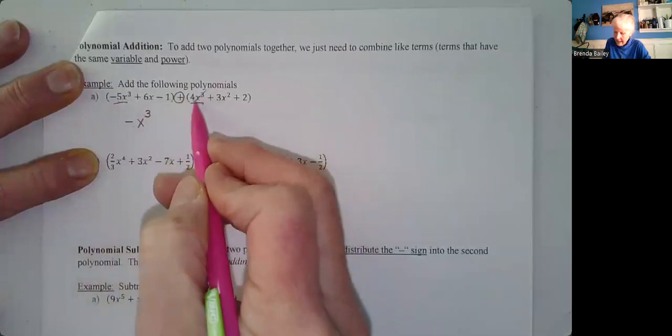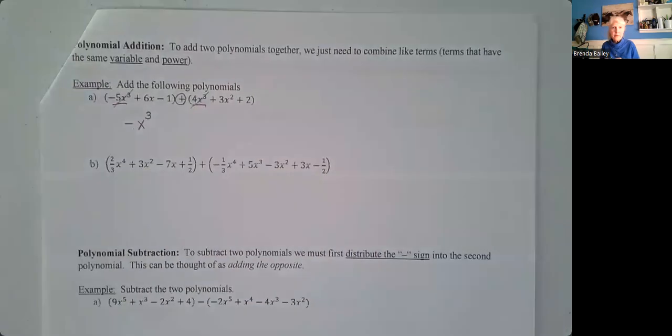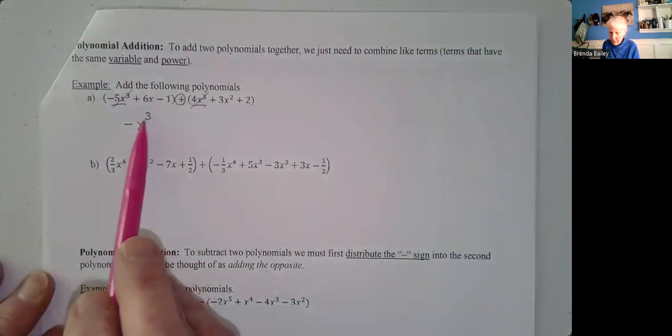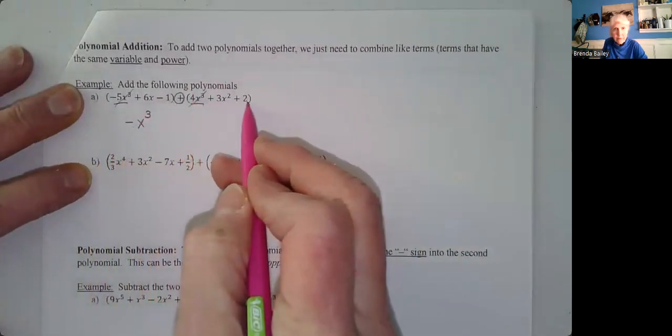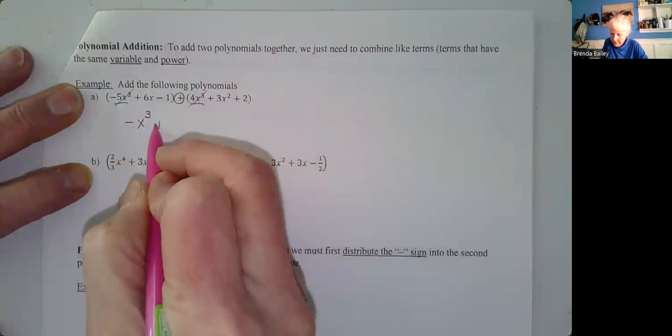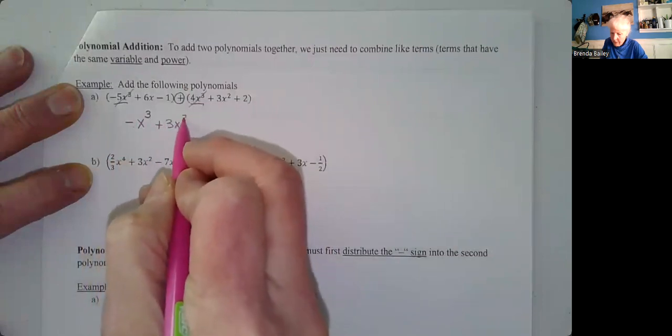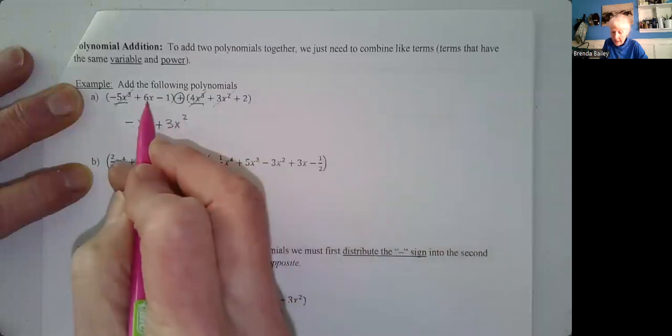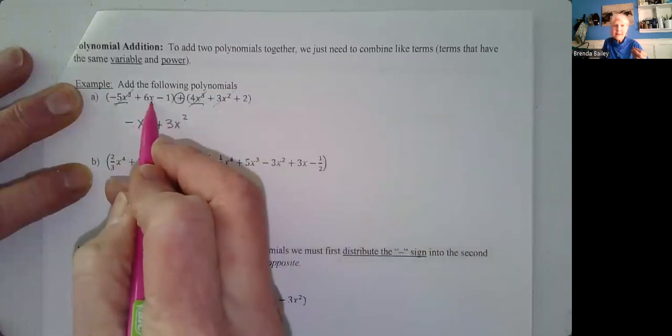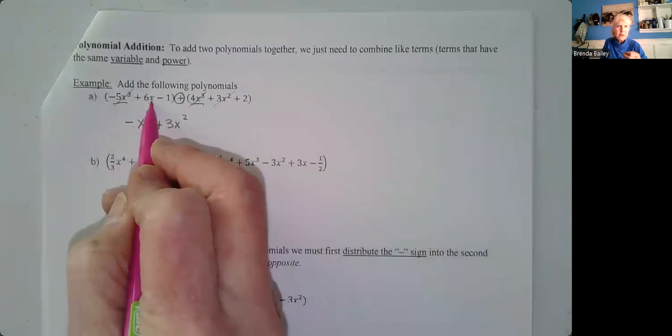That takes care of my x cubes, and sometimes it's nice to cross them off so that you know they've been used. Our next one is x squared. After the x cubed, our leading term, we go to x squared. There are no other x squareds, so it stays by itself. Then we have a plus x, but there are no other x's, like a 2x or a 1x or a 5x.